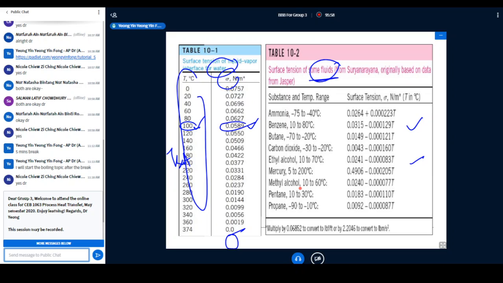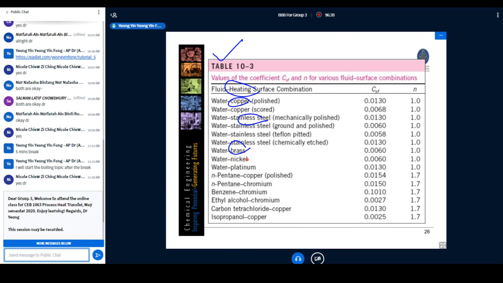The material that particular heating plate is made of is important. You need to know whether it's copper, stainless steel, brass or nickel. Usually for copper, it is divided into polished or scored. For stainless steel, it is divided into mechanically polished, ground and polished, Teflon pitted, or chemically etched, because they have different combinations of C_sf and n value.